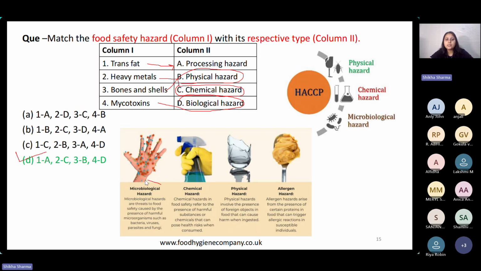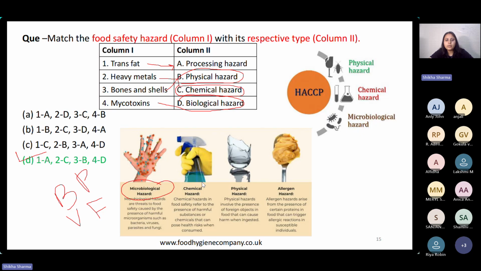Microbial hazards arise because microorganisms like bacteria, viruses, parasites or fungi can be introduced into the food and cause a food safety hazard. These harmful bacteria can cause severe illness in the human body.